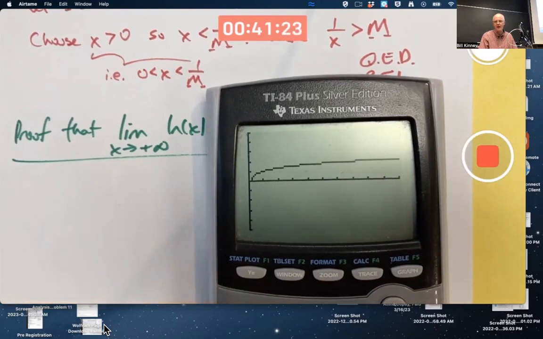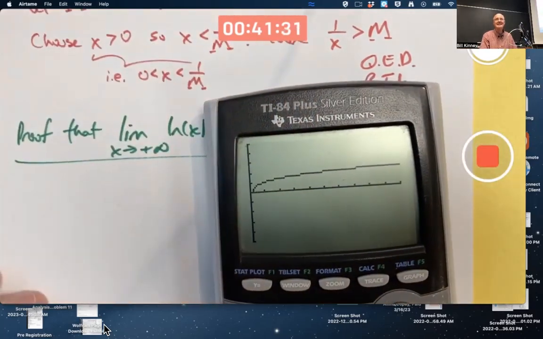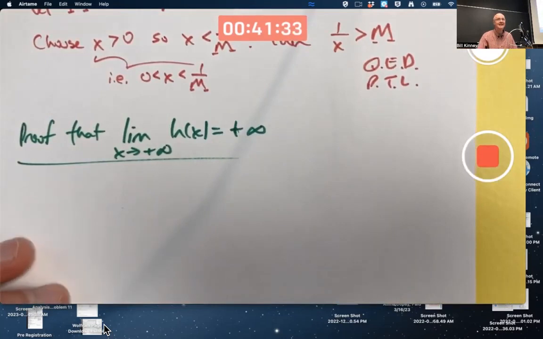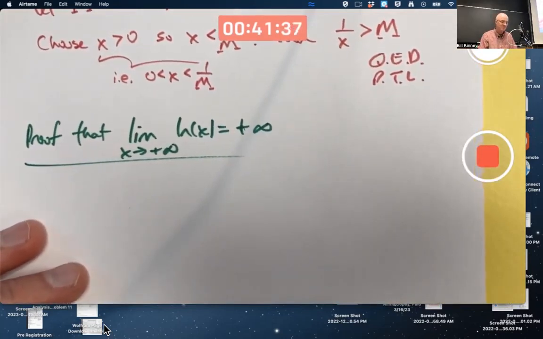It's going to look so concave down. It looks like it's not going to get above maybe 3 or 4, but it does. It doesn't have any horizontal asymptotes. Appearances can be deceiving, so you need proof.